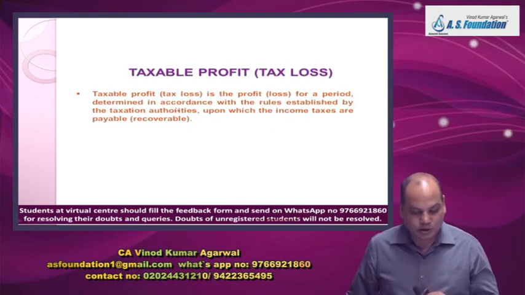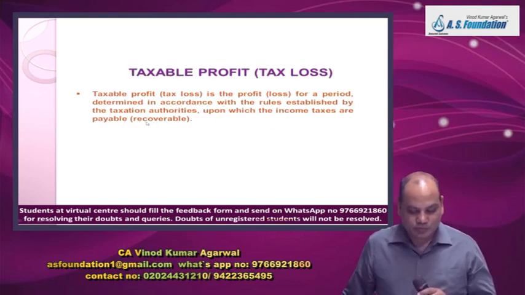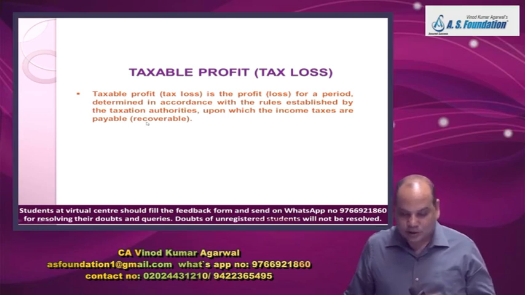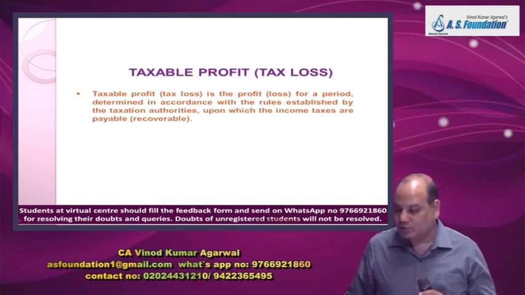So what is popularly called PBT. Okay. And then what is taxable profit or tax loss? It is the profit or loss calculated as per tax laws, tax rules, and on which the income tax is paid or recovered. So in short, it means profit computed as per income tax laws.